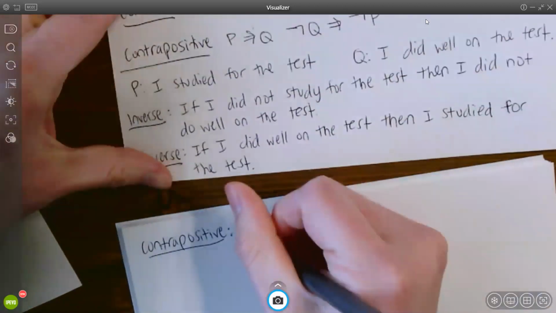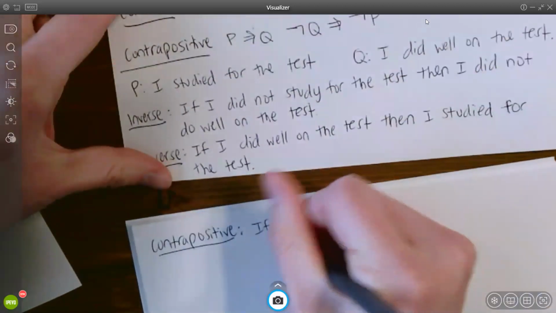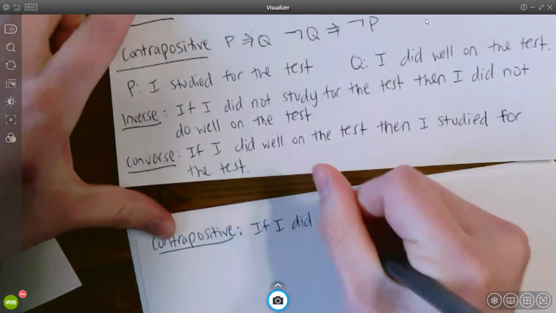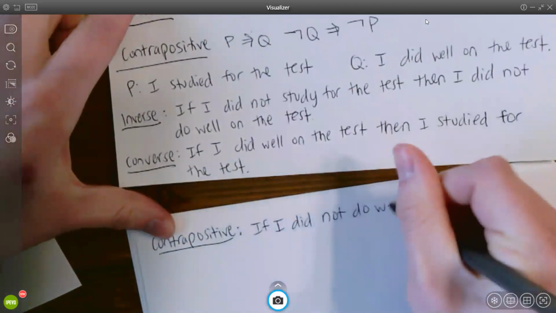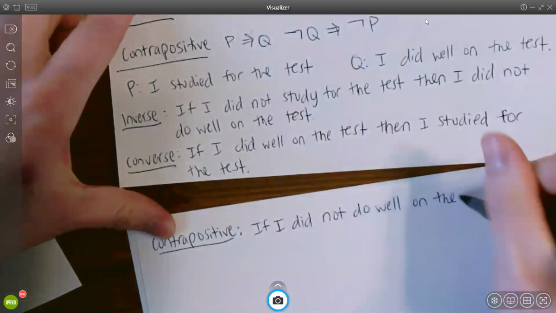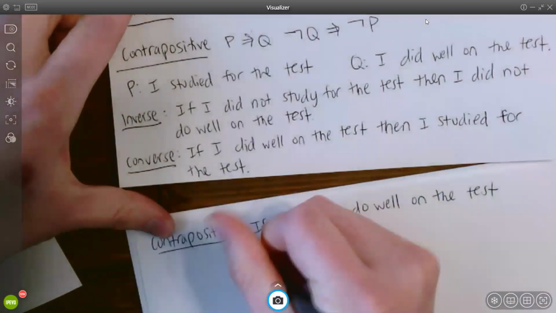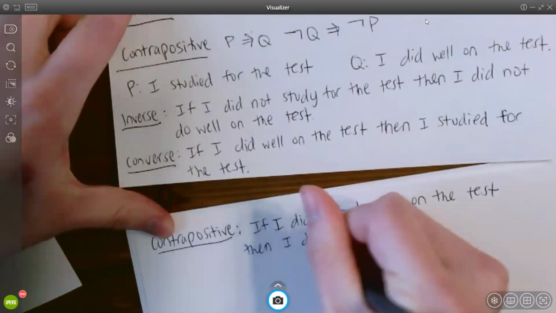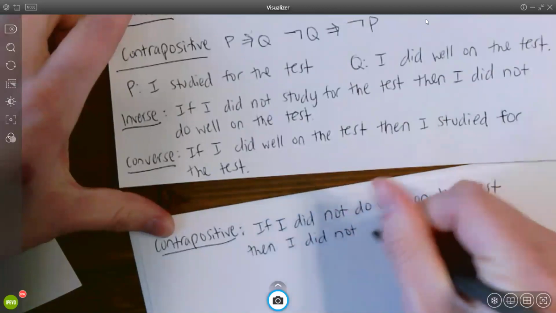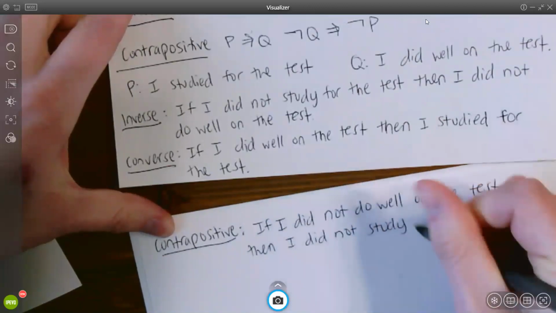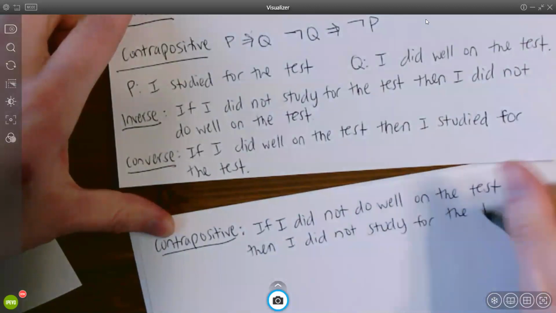So if I did not do well on the test, then I did not study for the test.